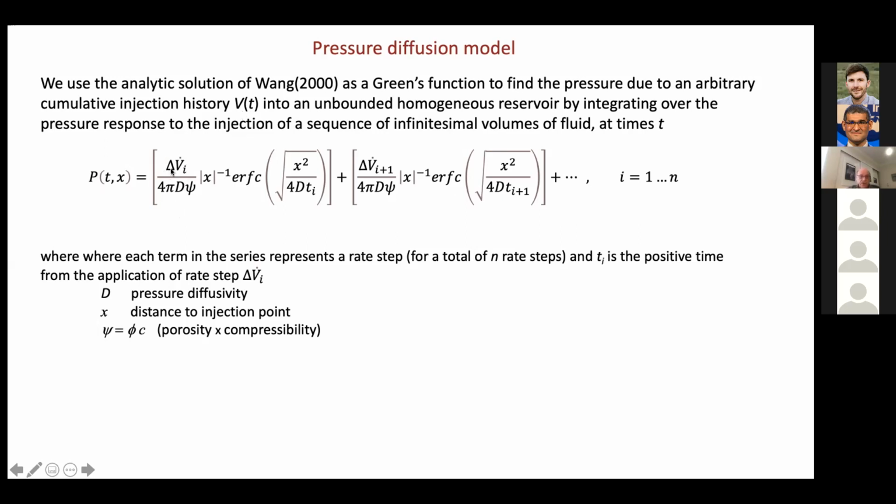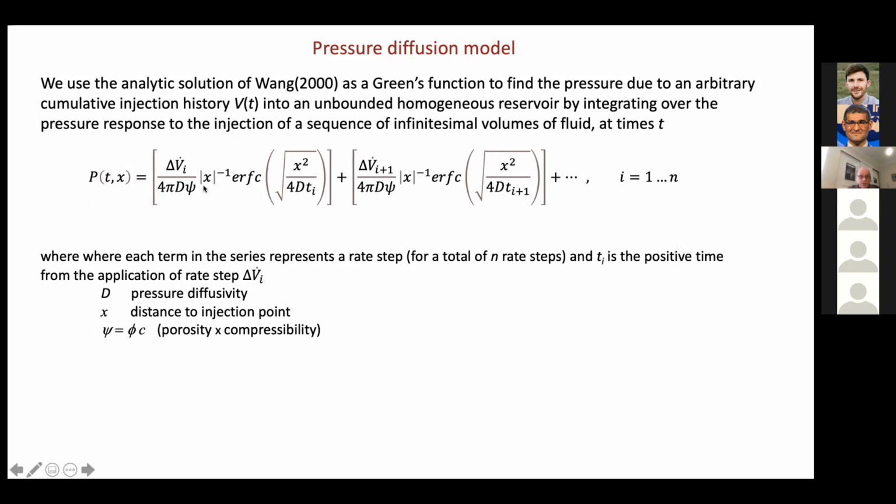So delta V here is a change in fluid injection rate, the volume, and complex injection histories can be represented as a series of changes of injection rates.